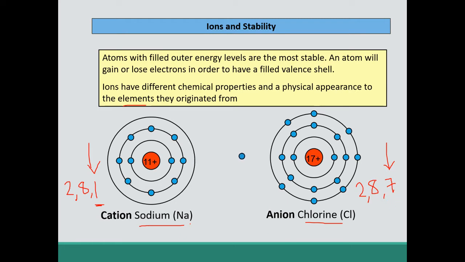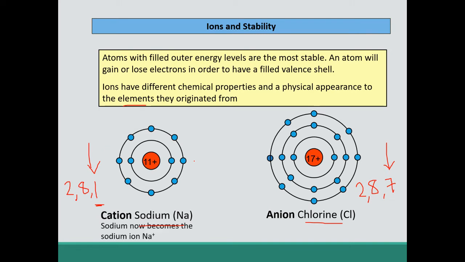So what happens is that the electron passes from the sodium element to the chlorine element in a chemical reaction. Now sodium only has 2 energy levels, because it's lost this electron. It's got an electron configuration of 2, 8, and it becomes an ion because it's still got 11 protons, but now it's only got 10 electrons.